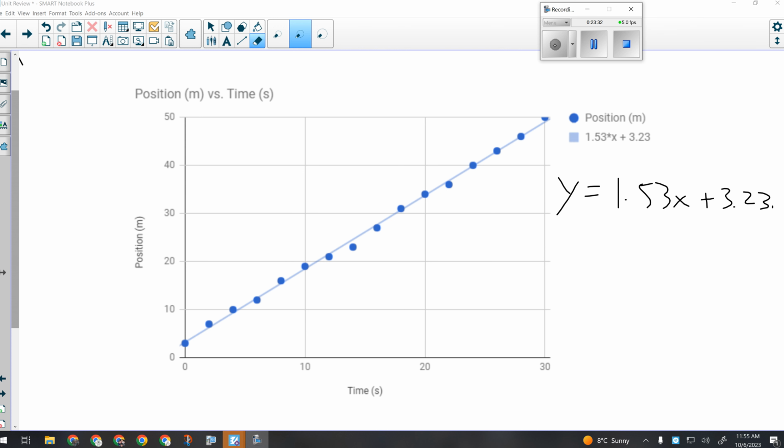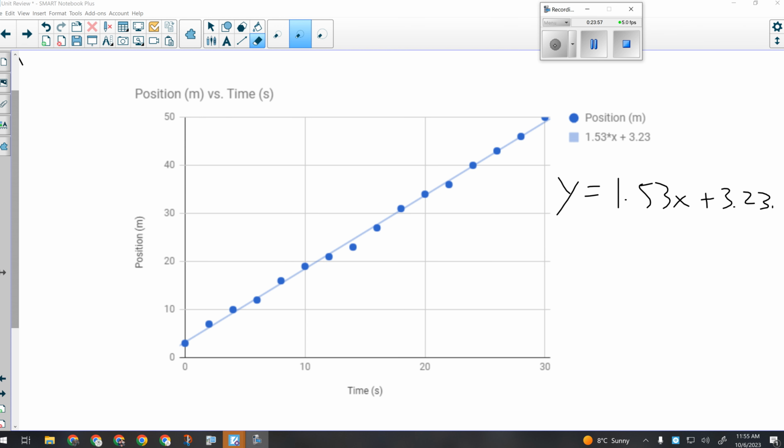I could also possibly ask, what would the position of the object be after 1 minute? Okay, how would I go about getting that? You'd replace the x with 60 seconds. Exactly. Position is the y-axis, so if I'm looking for position, I'm solving for a y value.